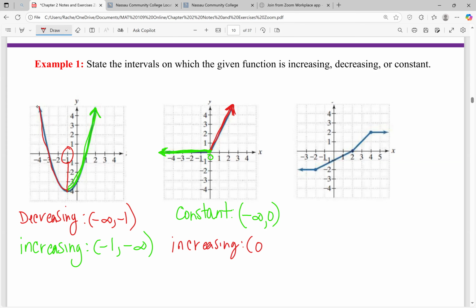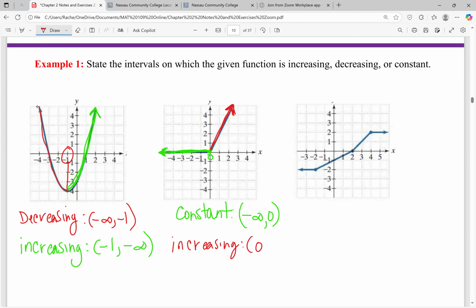The graph of an equation will be symmetric with respect to the x-axis if for every point (x, y) on the graph, the point (x, -y) is also on the graph. So what we mean by that is, I'll do another example over here. So let's say we had something like this. Here's x, here's y.